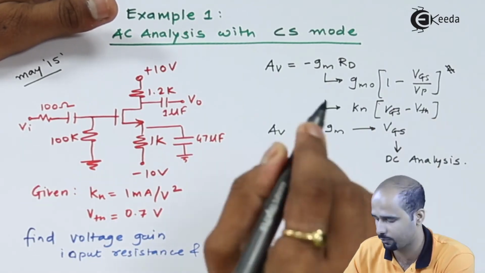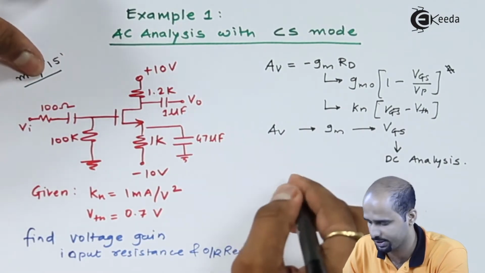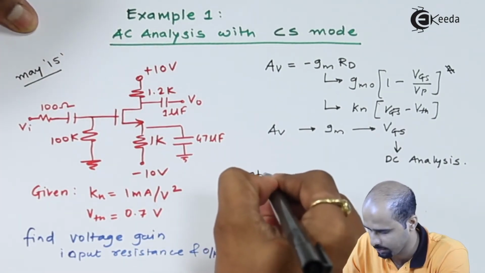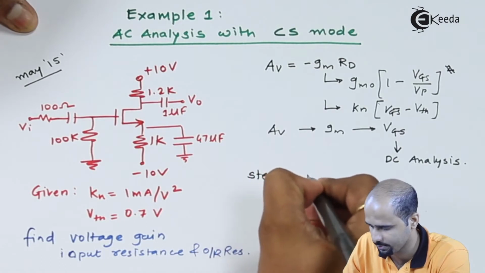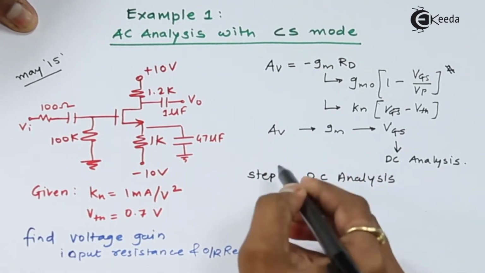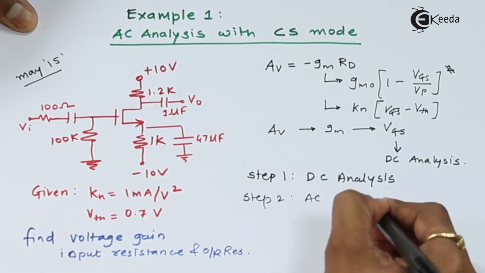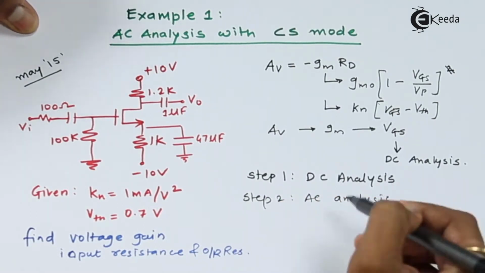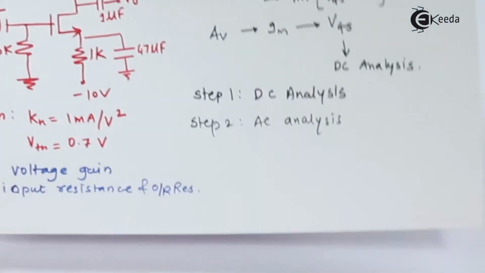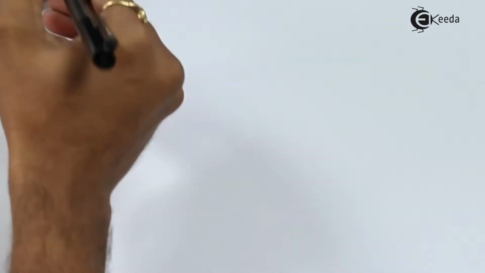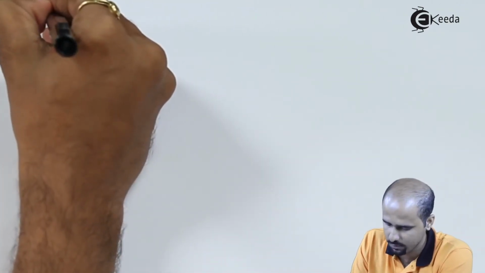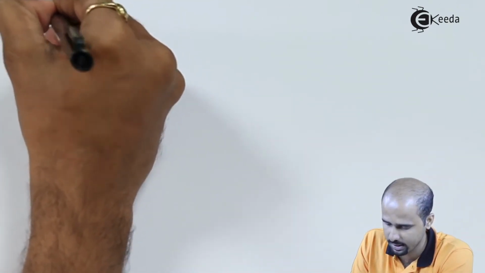So first of all we have to go for DC analysis. Your step number 1 will be DC analysis, and step number 2 will be AC analysis. And after that automatically we will be getting the voltage gain, the input resistance and the output resistance. Okay, so let's move towards the first part, that is DC analysis.